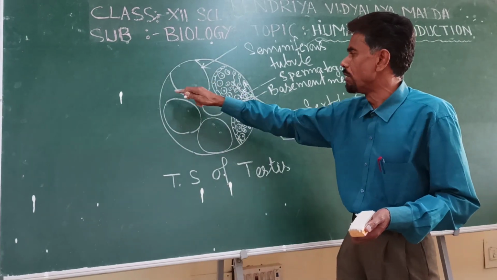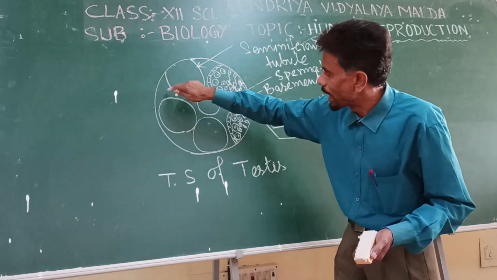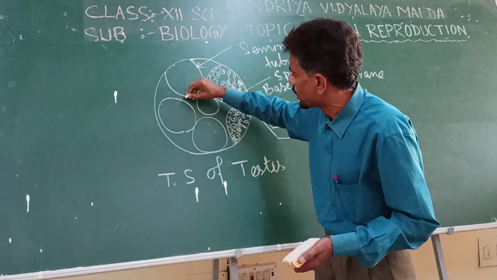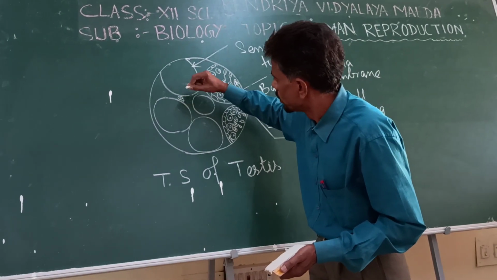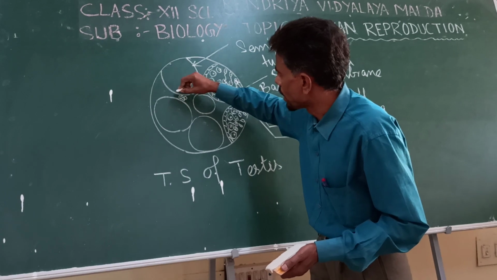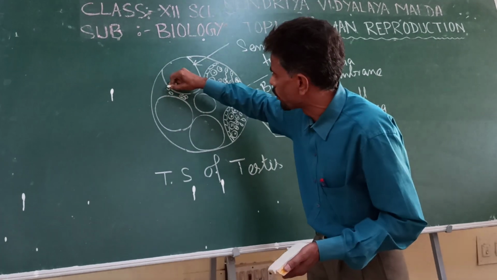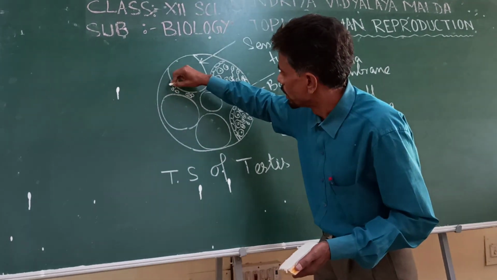In between the seminiferous tubules, these spaces are filled with clusters of cells, either remaining in a cluster or in a separate way, individually.